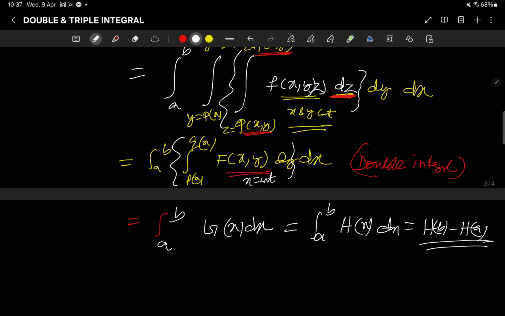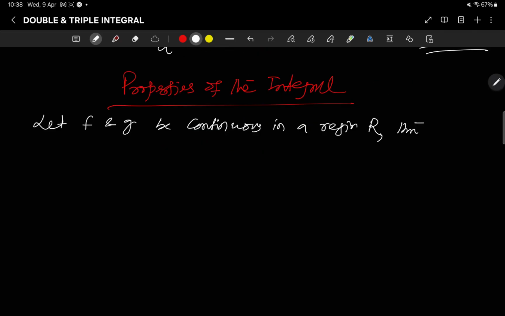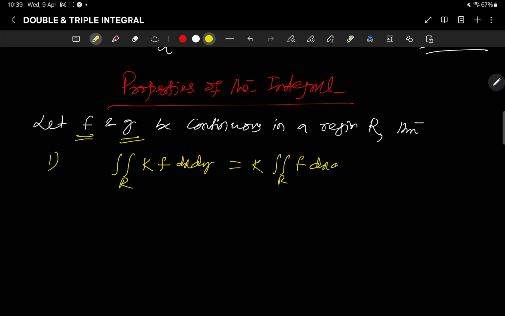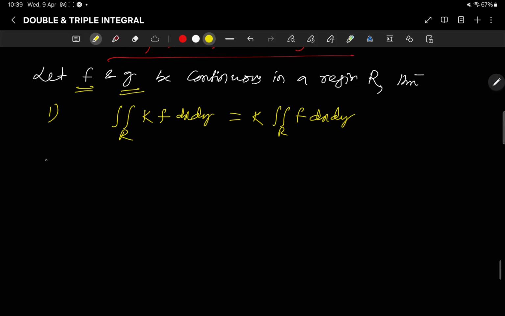Now coming to the properties of the double integral. If f and g are two continuous functions in a region R, then the double integral over R of a constant times the function f dx dy, the constant can be taken out of the integration. F is a function of x and y.